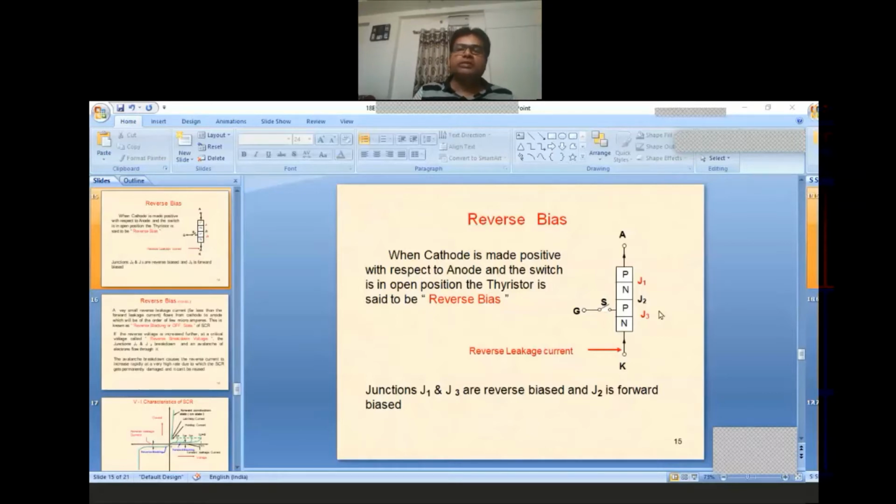So very little current flows, and the total voltage will be blocked across the SCR, as both junctions J1 and J3 are having high width.